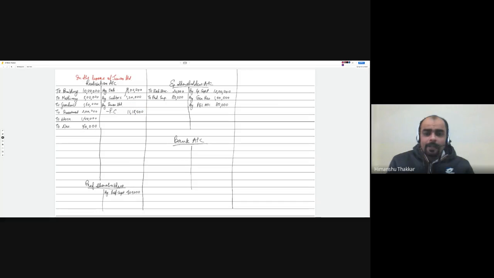Once you write the purchase consideration, write the amount that you're getting as purchase consideration. The preference shareholders are getting equity shares, as well as the equity shareholders are getting new equity shares. So equity shares of Senior Limited, 3 lakh 84,000.